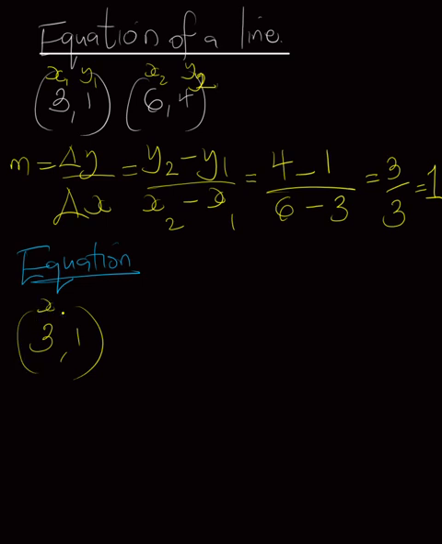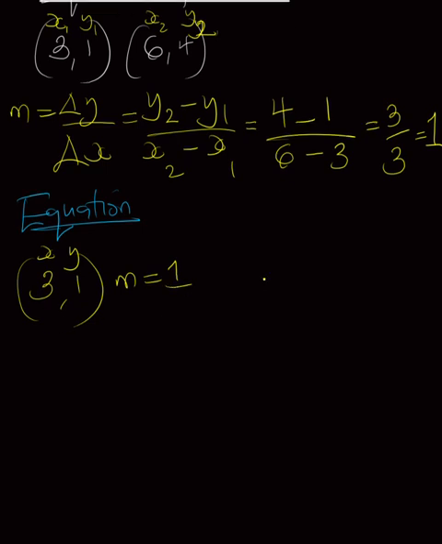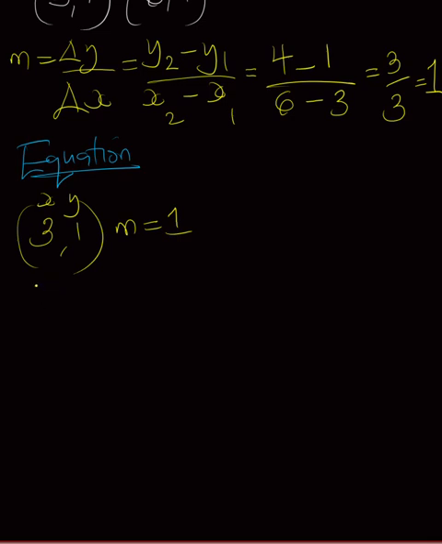This represents x, then y. Then we have our gradient, which is m, so our m is 1. We are going to write this in the form y is equal to mx plus c. This is the standard equation of a line.